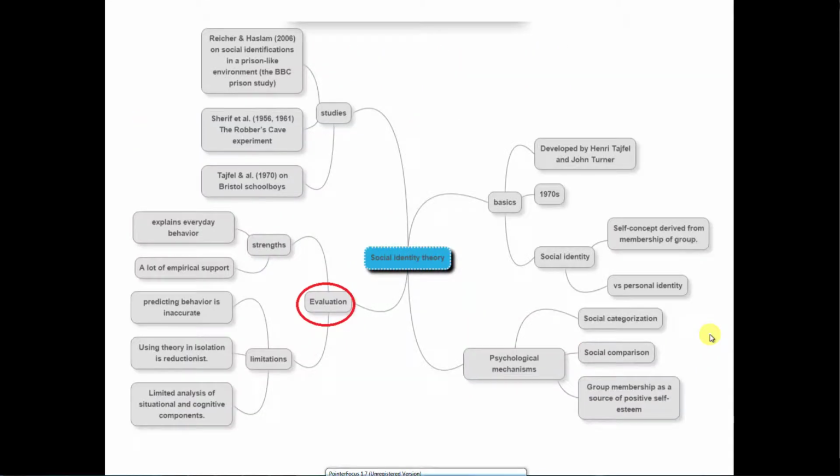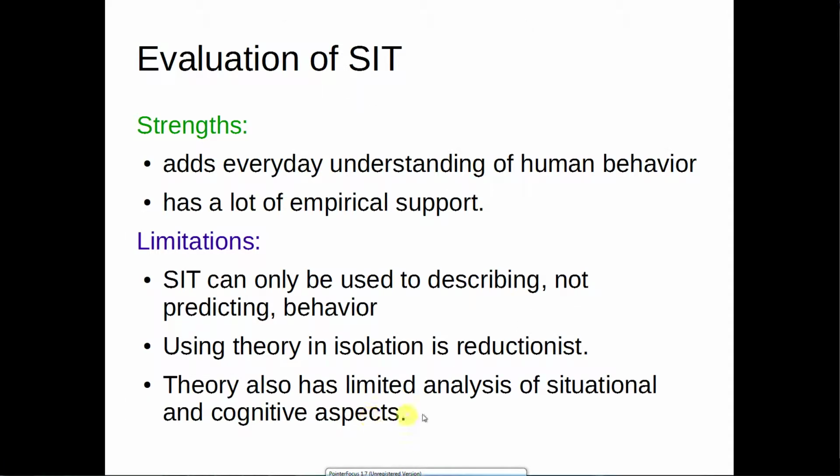Third, let's consider the strengths and limitations of SIT. Strengths are that SIT adds to everyday understanding of human behavior and it has a lot of empirical support. However, SIT can only be used for describing, not predicting, behavior.